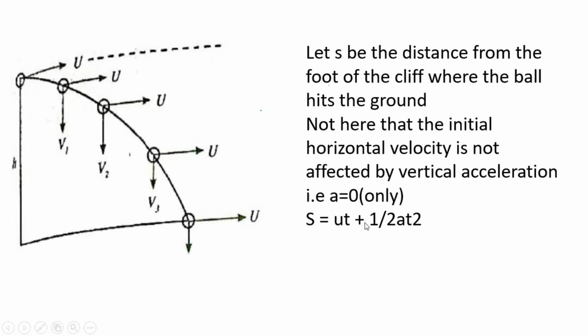So you begin to write them down: s is equal to ut plus half gt squared. But if u is equal to zero, automatically s becomes half gt squared.